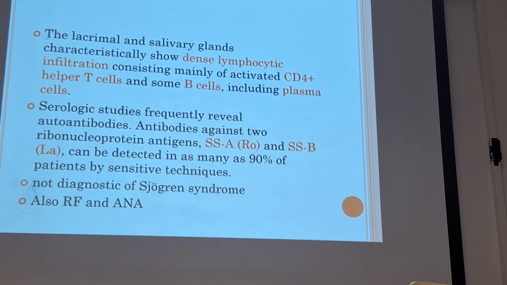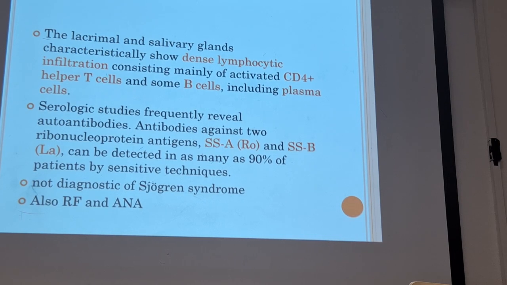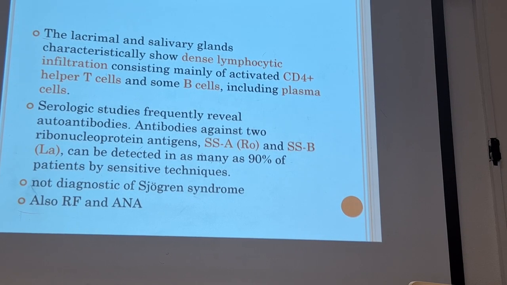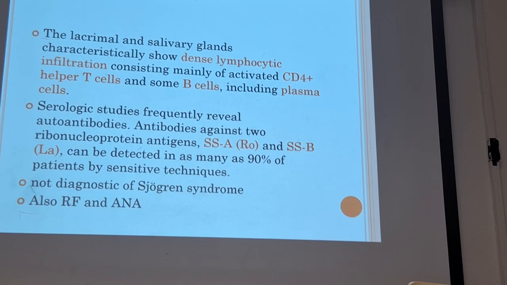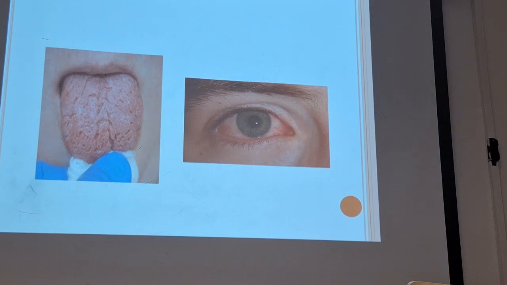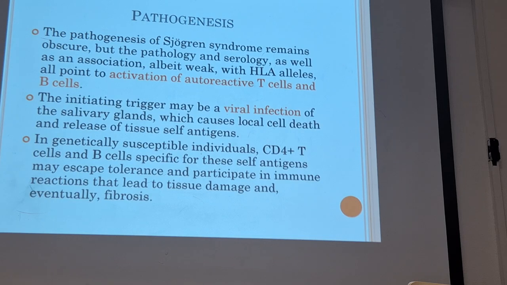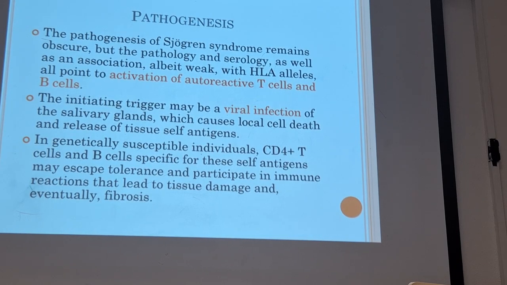It has many false positives, for example in infections and other inflammations, and it is also positive sometimes in Sjogren's syndrome, maybe in lupus, in all autoimmune diseases. It's not specific.